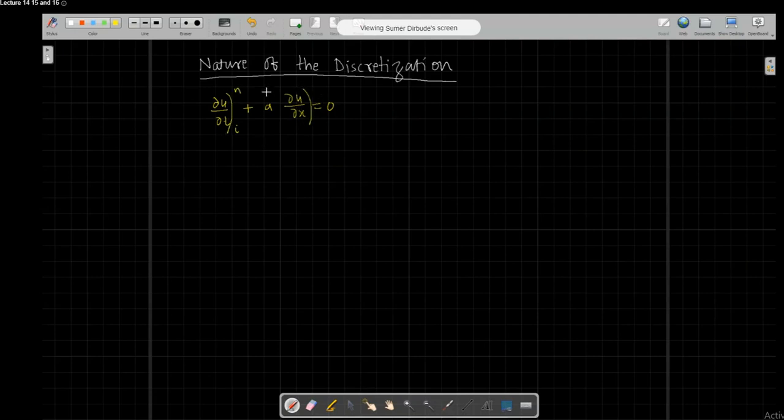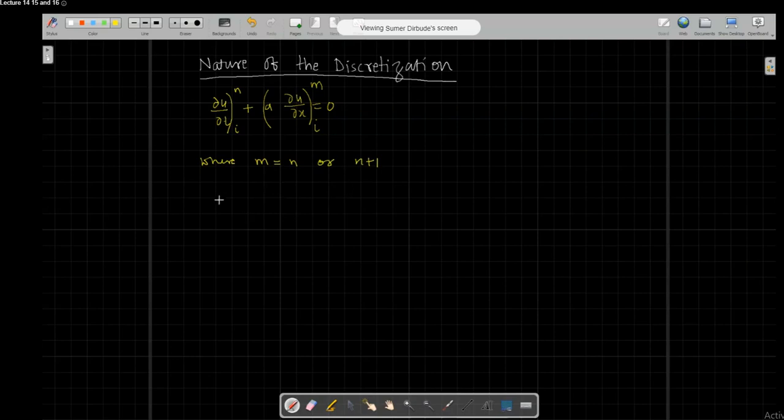Okay, so everything we want to discretize at ith space and nth or mth time. The time derivative at nth and ith location and del u del x maybe at m, where m is equal to n or n plus 1.